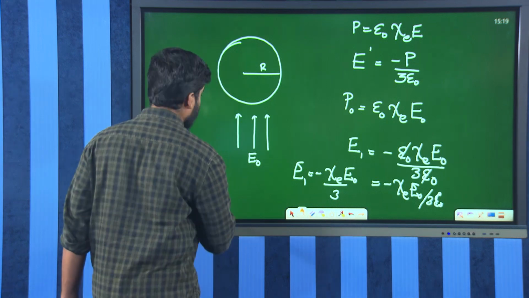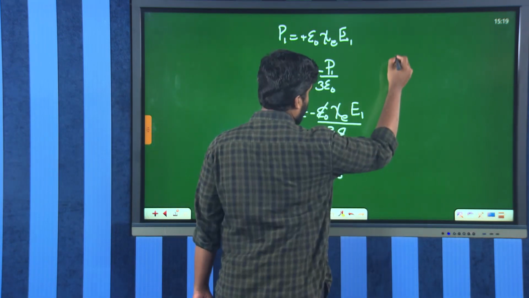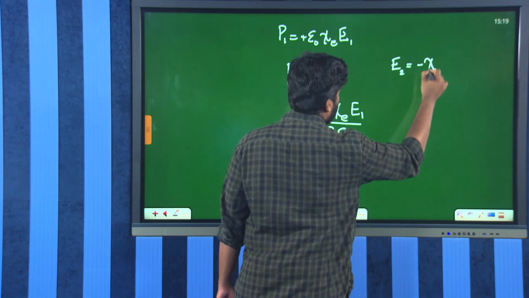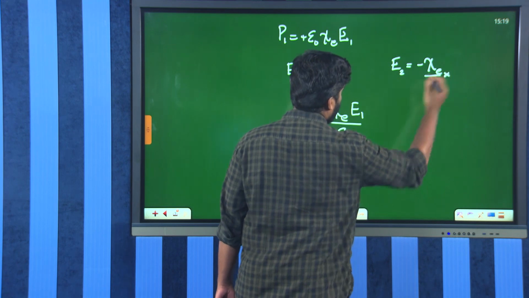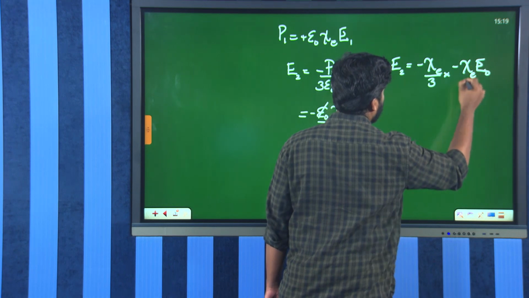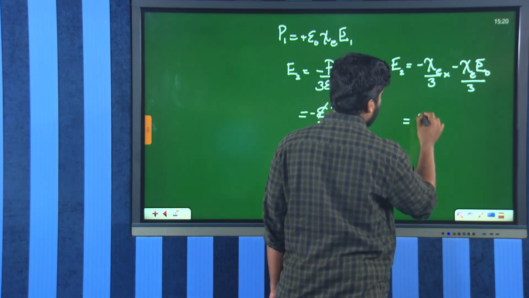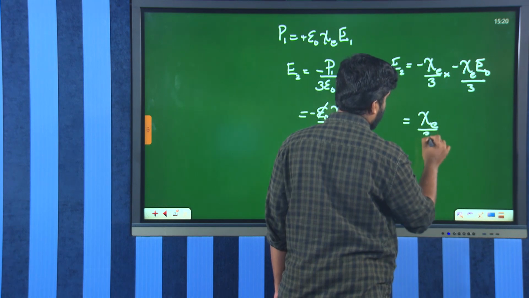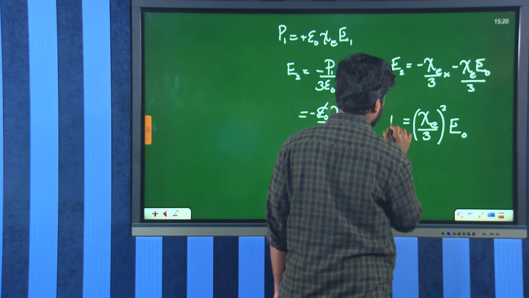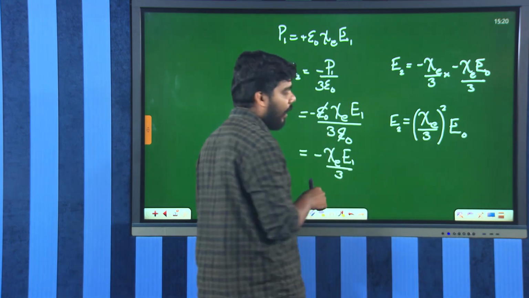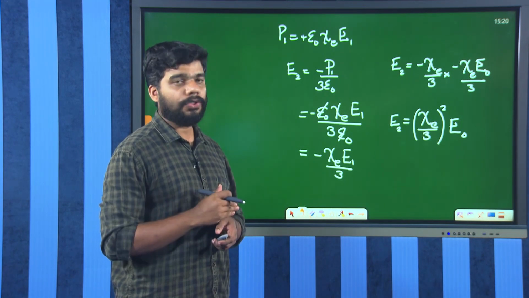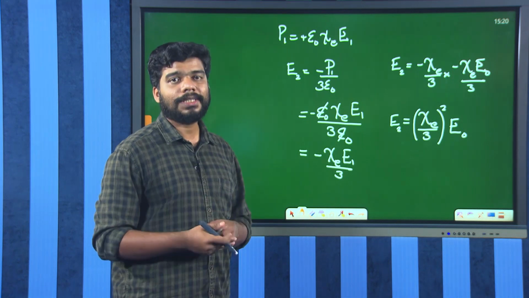Substituting this E1 into this equation, E2 will be minus chi e by 3 into minus chi e E0 by 3, which we obtain as chi e by 3 the whole square into E0. Again this electric field polarizes the system, producing P2, and this process continues.